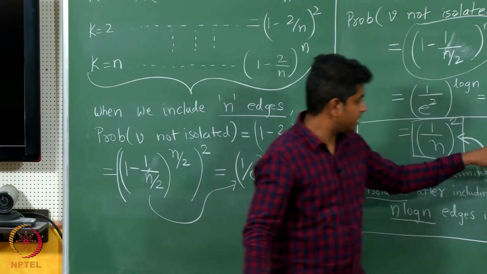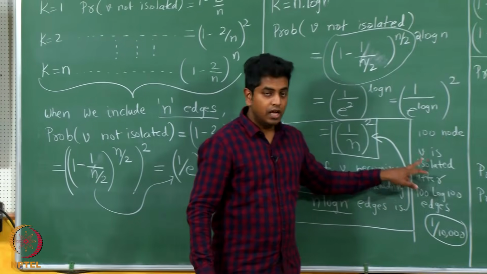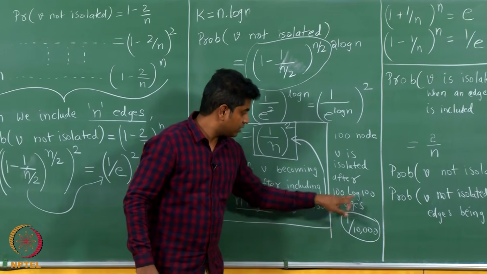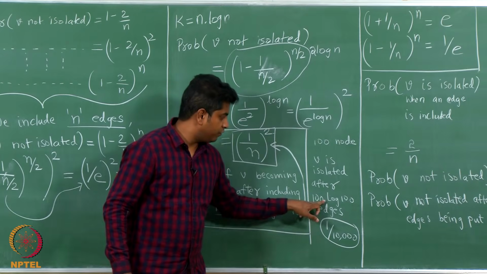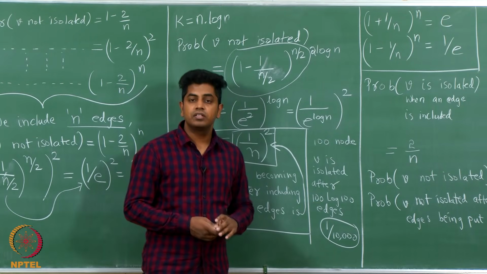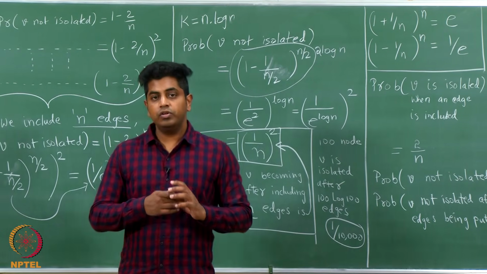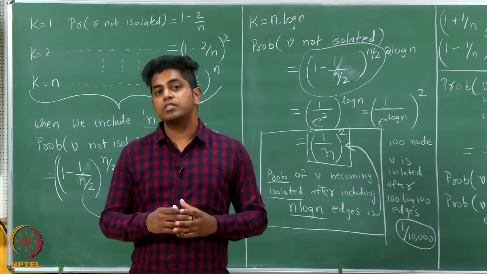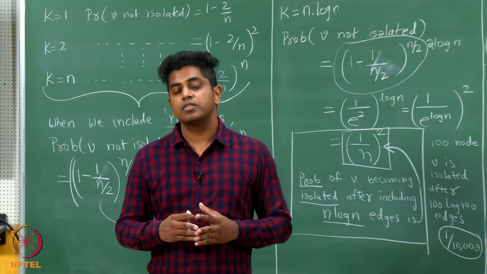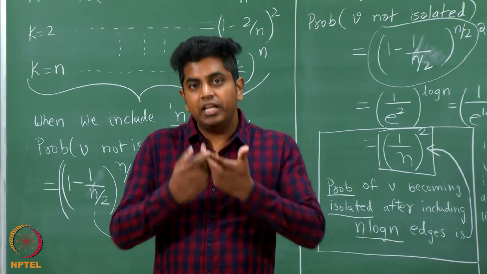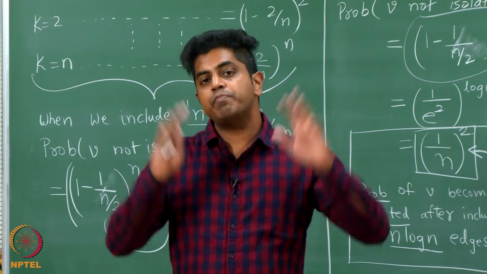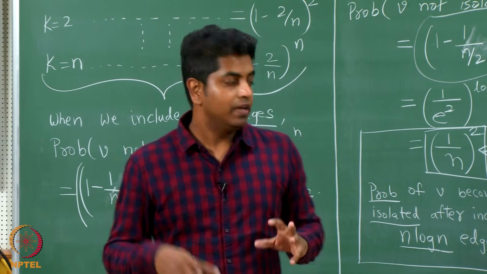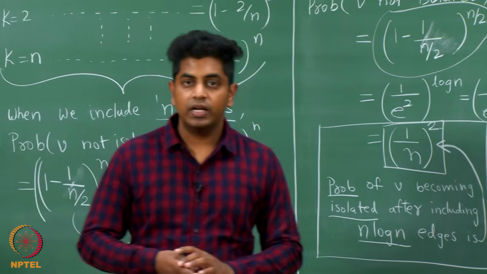My observation says when you take 100 nodes, a vertex v is isolated with a very small probability if you put 100 log 100 edges, which means when you take a graph G with n nodes, by just putting n log n edges, with a very high probability you will not have any isolated vertices.